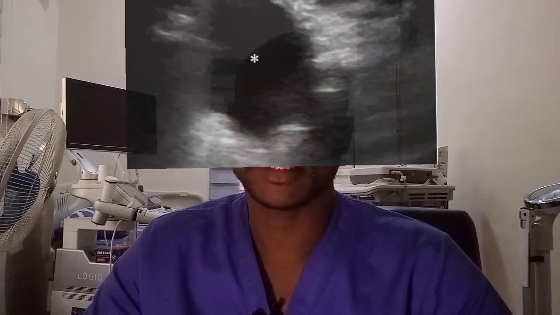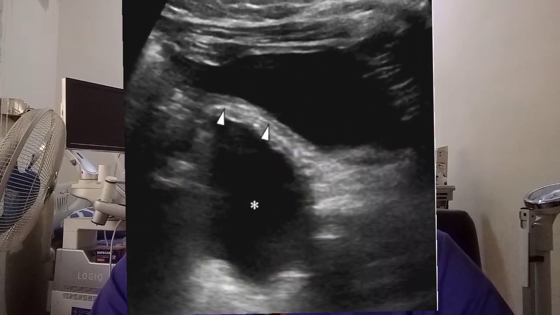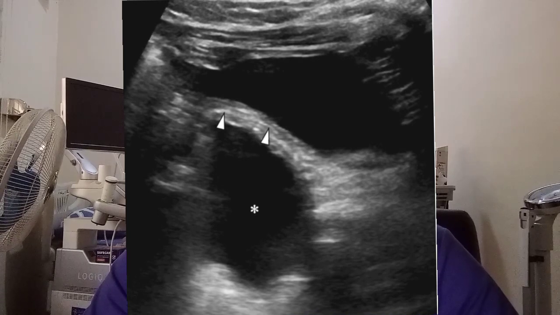These multipath artifacts behind the urinary bladder can be mistaken for a pelvic mass, especially if you are new in the art of scanning, or you don't understand artifacts.